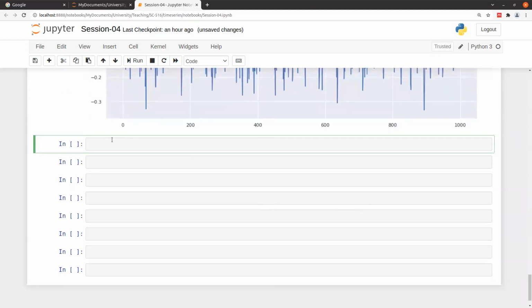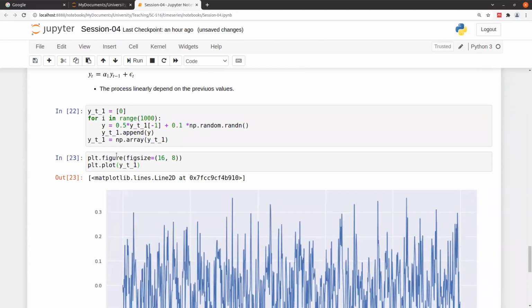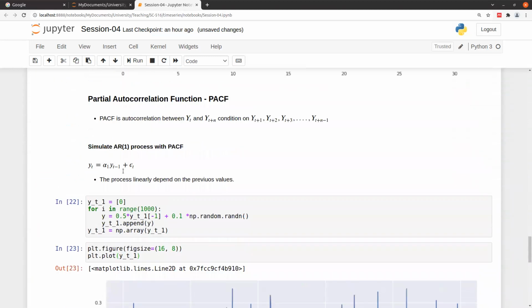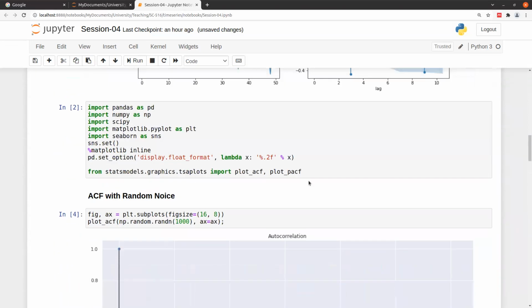Then let's try whether it happened or not. It should be PACF, right? We have imported it here previously, it is available there.